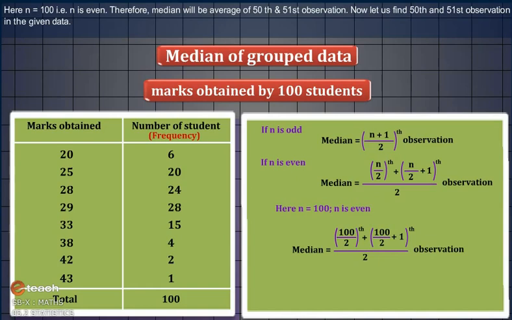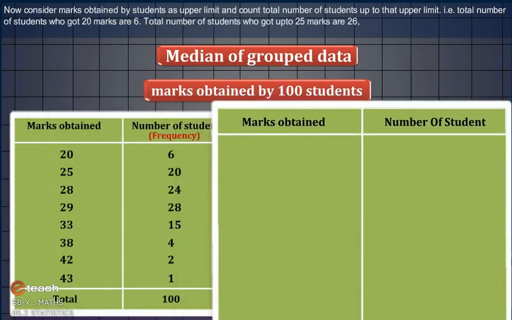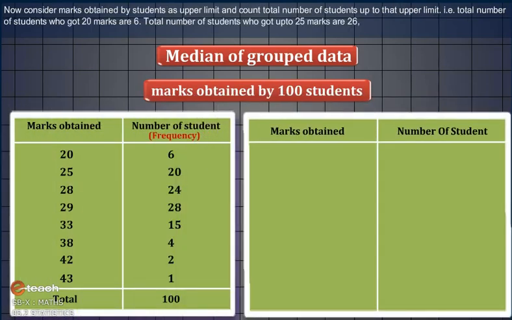Now, let us find the 50th and 51st observations in the given data. Consider the marks obtained by students as the upper limit and count the total number of students up to that upper limit.